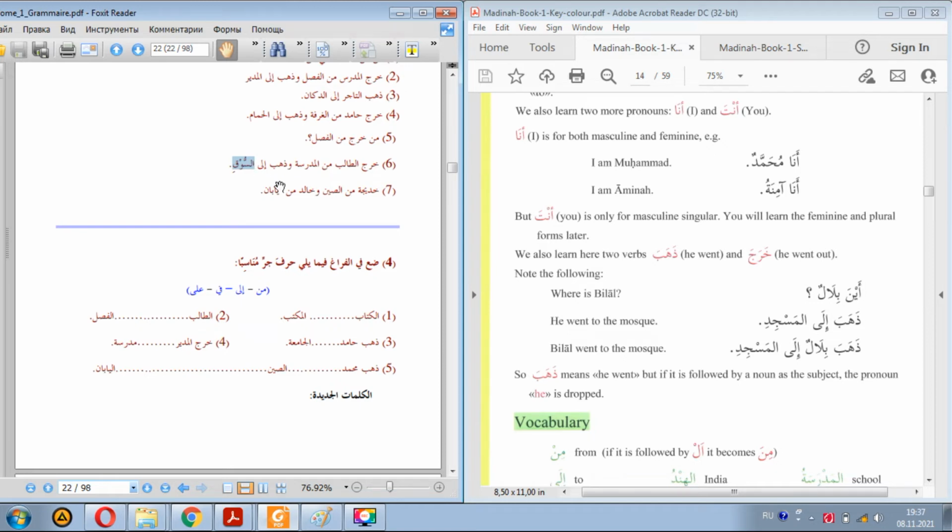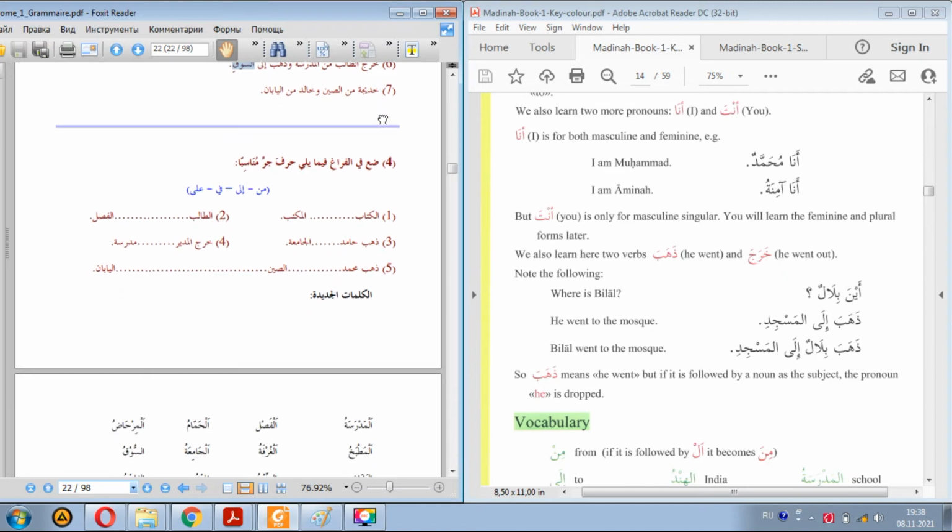Well, السوق is a place where people trade some stuff, some vegetables or something else, like a store. خديجة من الصين وخالد من اليابان. خديجة is from China, وخالد from Japan. That's how it's pronounced, I think.